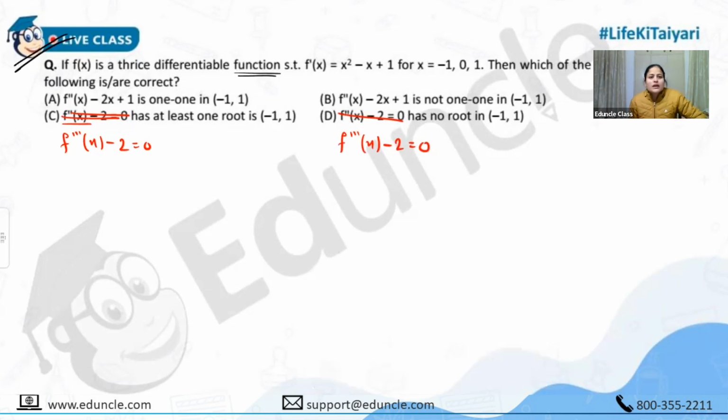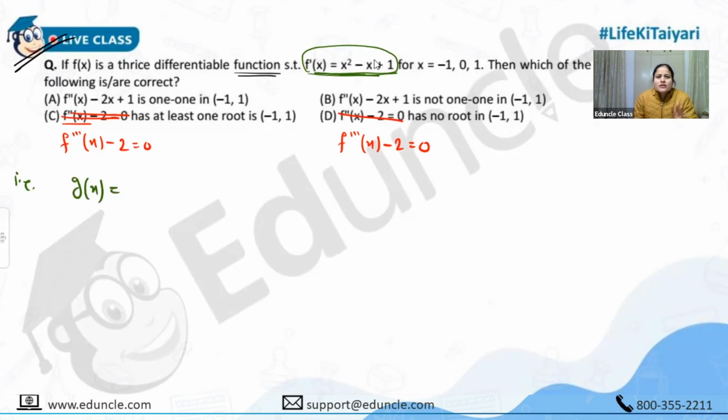So what is given? If f of x is a thrice differentiable function, meaning the third derivative exists, such that f dash x is equal to this, for x equal to -1, 0 and 1. The given thing is that this equation is going to be satisfied when x equals -1, 0 or 1.